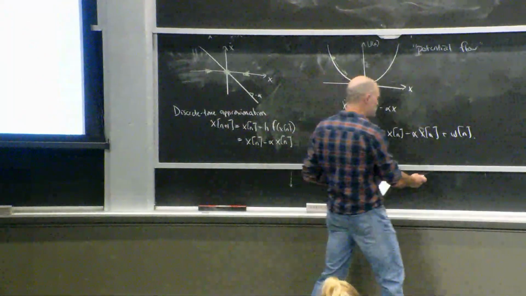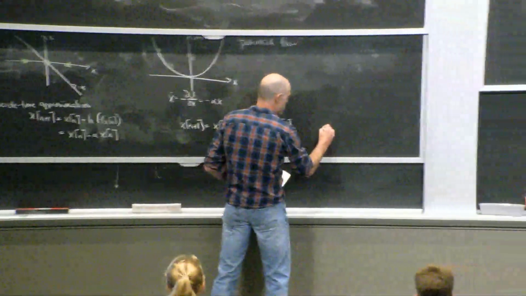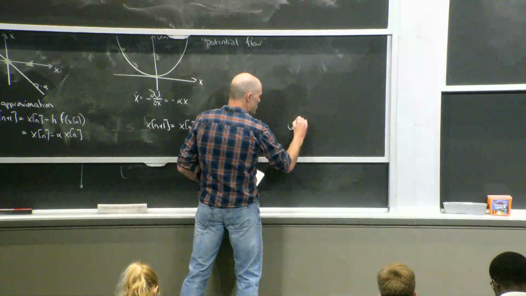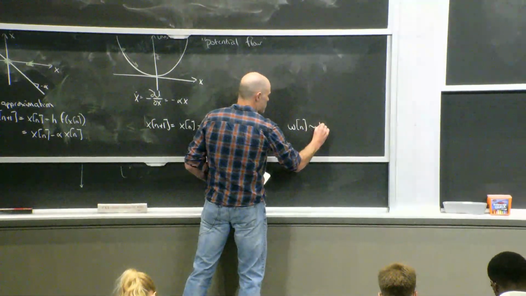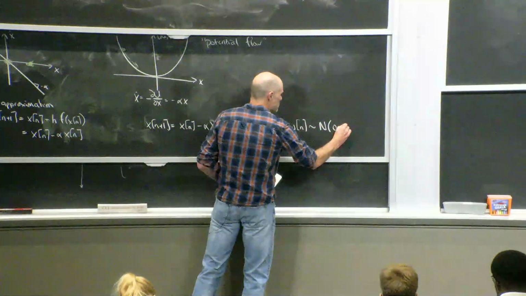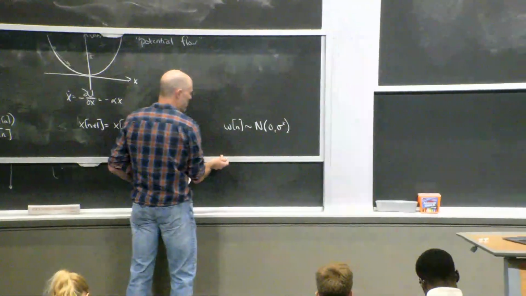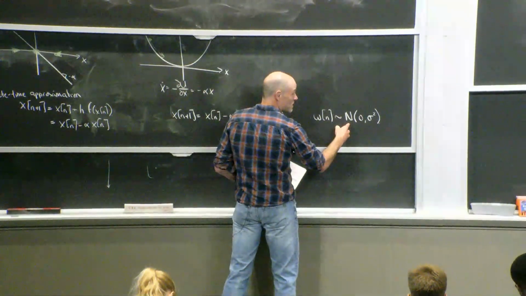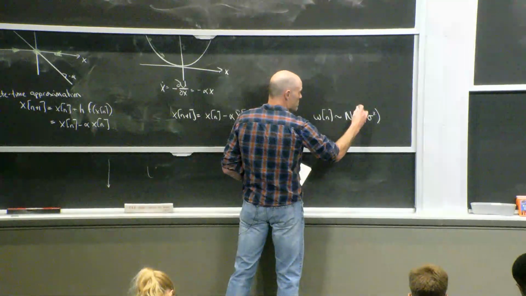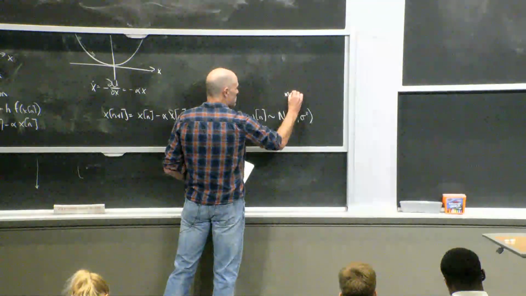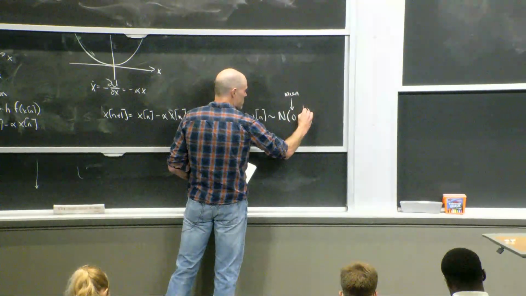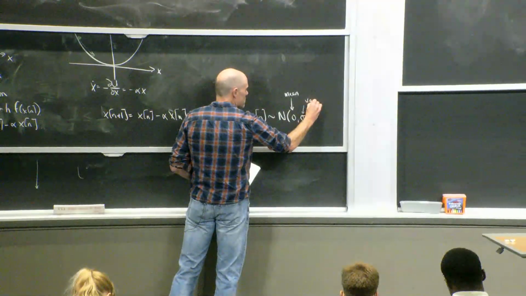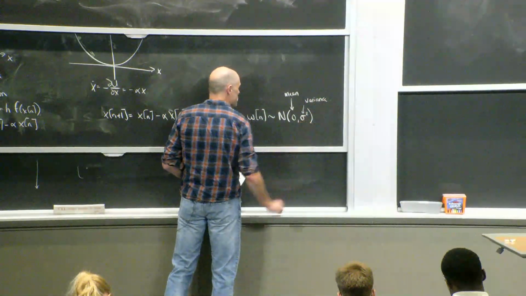I'll say something about this, but let's say this is drawn from some Gaussian. That's saying that at time n, I'm going to draw from some normal distribution with mean 0 and variance sigma squared. Okay.